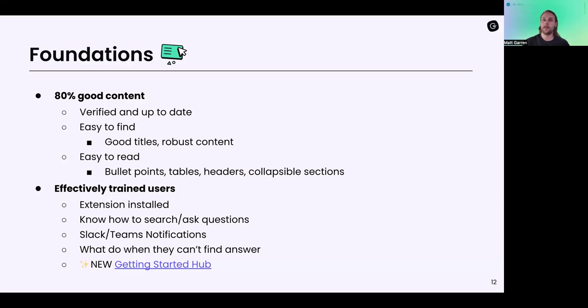If it's in there, people keep coming back because the value of Guru will be intrinsic at that point. It'll be self-evident. The other foundational element is having users that know how to use Guru, right? They know how to search. They have the extension installed so that they can use Guru in their workflow, so they're not context switching as much as they might need to with other tools.